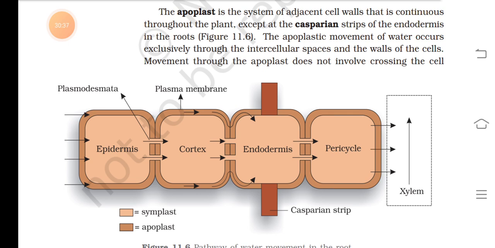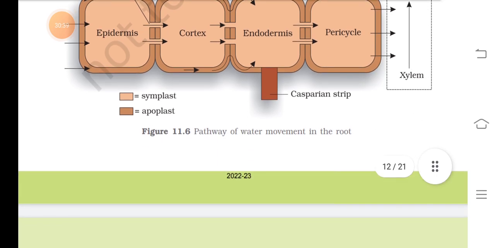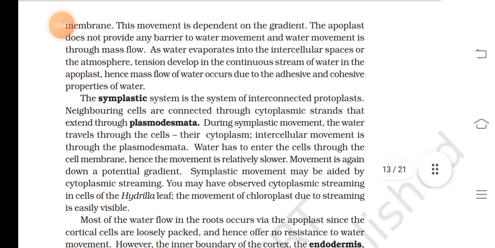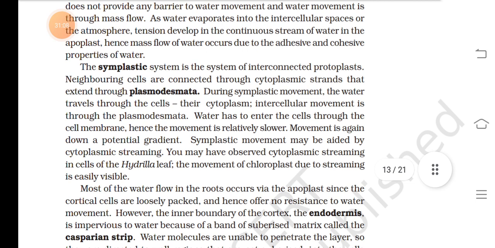Movement through apoplast does not involve crossing the cell membrane. This movement is dependent on the gradient. The apoplast does not provide any barrier to water movement, and water movement is through mass flow. As water evaporates into the intercellular space or the atmosphere, tension develops in the continuous streams of water in the apoplast. Hence, mass flow of water occurs due to the adhesive and cohesive property of water.